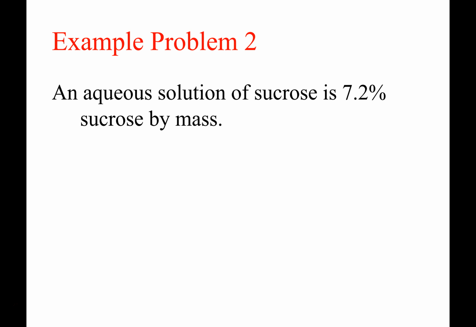I guess I'll go ahead and draw a picture. I would put sucrose, and water, and we have the solution here. So 7.2% means that I have 7.2 grams of sucrose in exactly 100 grams of solution.